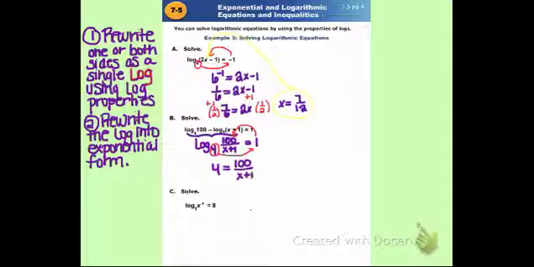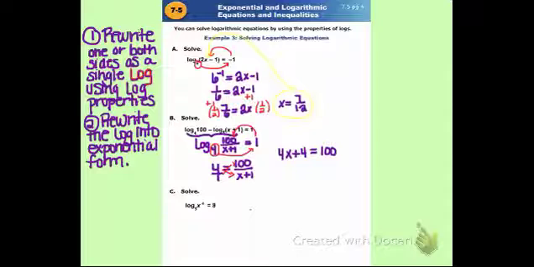Well, if I were to put 4 over 1 like this, now I have a proportion that I can just solve by doing the cross products. So if I do the cross products, I am multiplying 4 by x plus 1, which is 4x plus 4. I think I might have said x minus 1, but it was x plus 1, sorry. And then equals 1 times 100, which is 100.